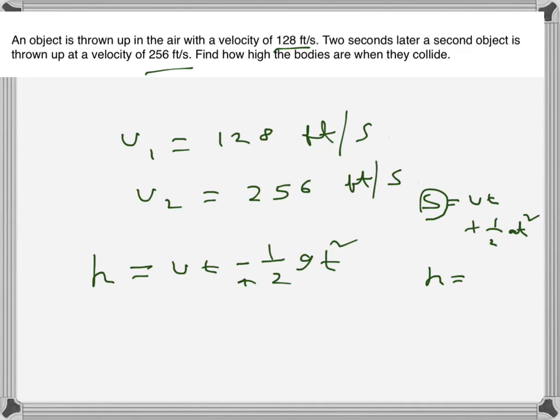So that's why the negative sign, and the acceleration is the gravitational acceleration, which is 32 feet per second square. So that's what we have.